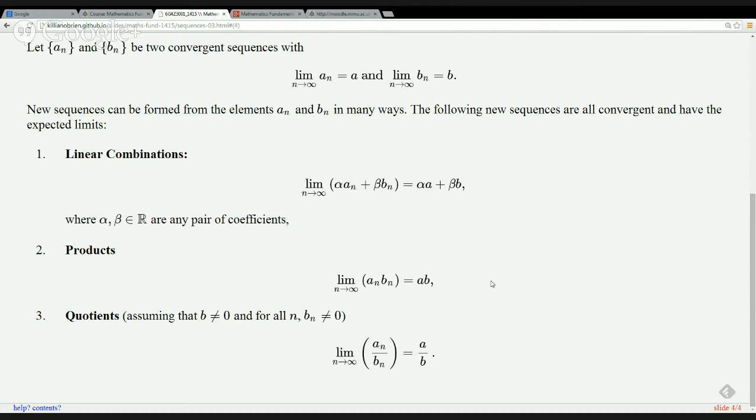Well, now what am I looking at? Now I'm looking at the limit of something is 0. But the something is an example of a linear combination of convergent sequences. It's this sequence plus this sequence plus this sequence plus this sequence.